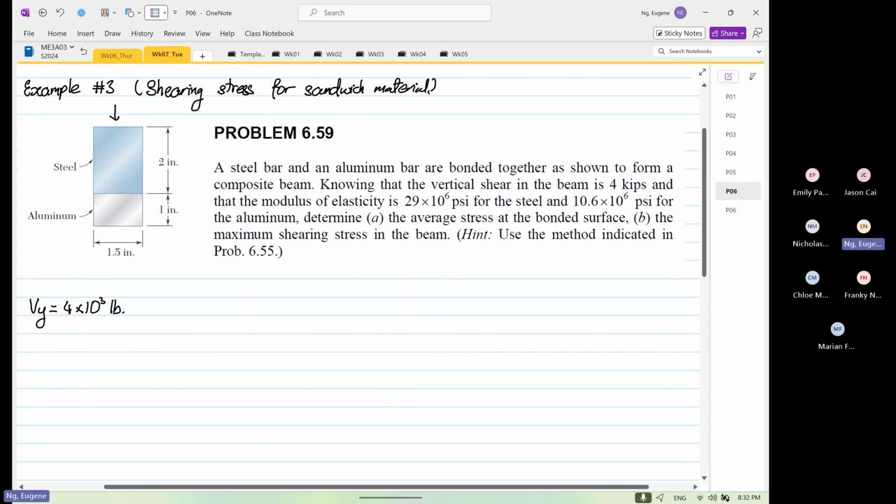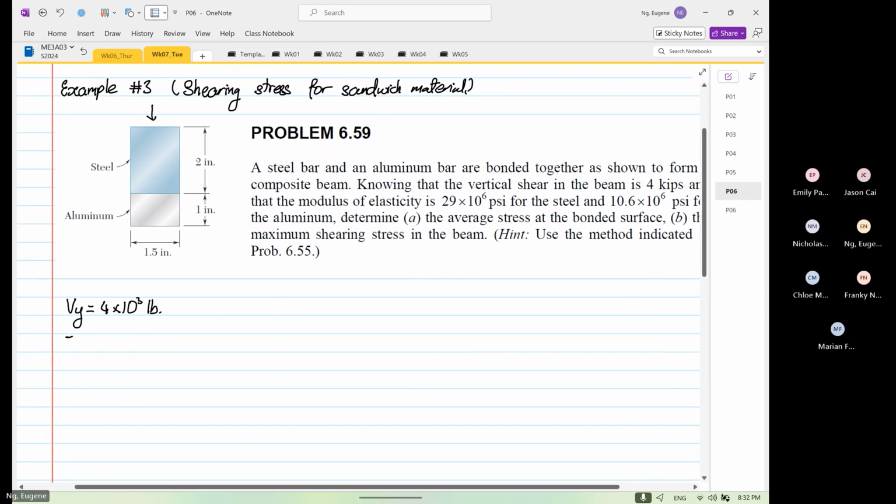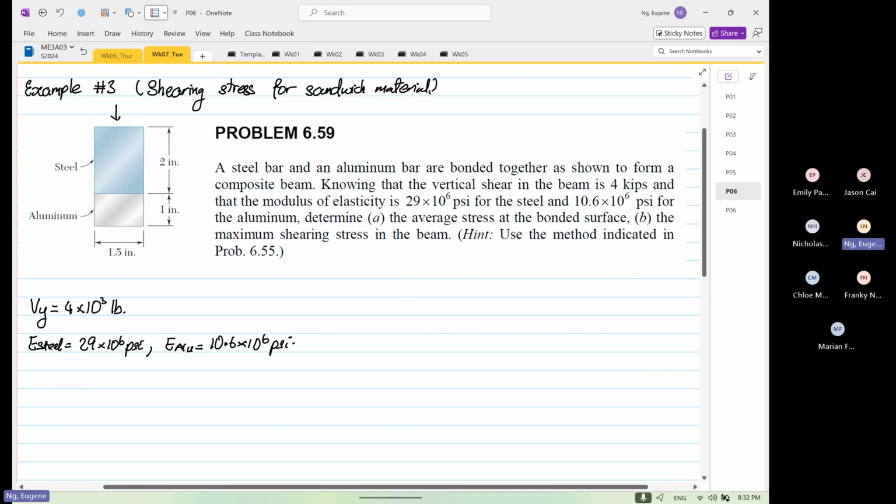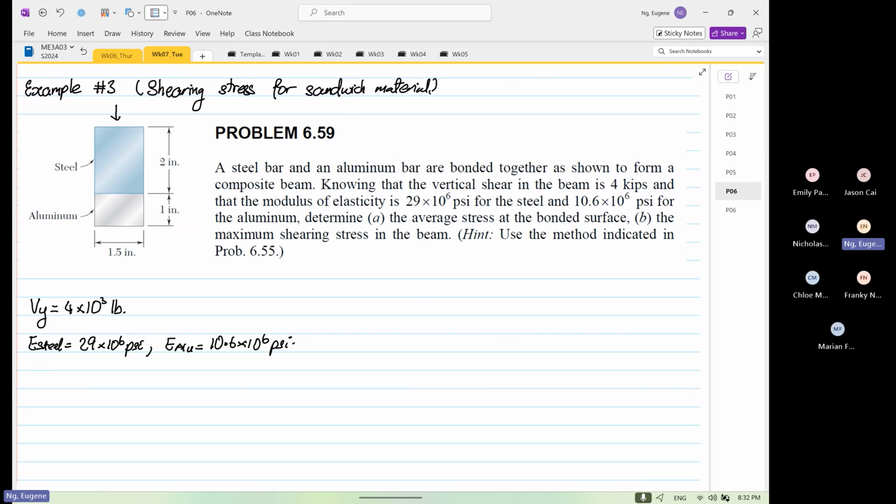The Young's modulus of steel is equal to 29 times 10 to the power 6 psi, and the Young's modulus for aluminum is 10.6 times 10 to the power 6 psi. Determine the average shear stress at the bonded surface and the maximum shear stress in the beam.